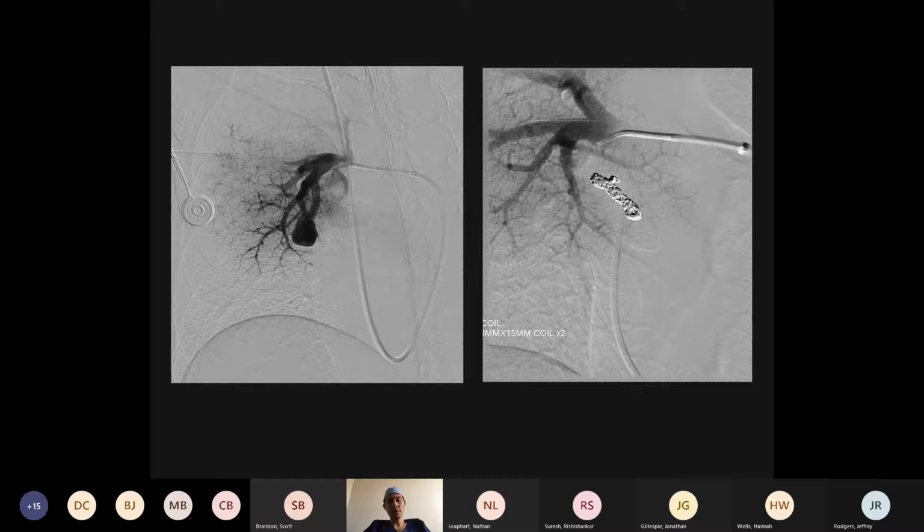All right, and this is the procedure. We came from the neck, accessed the IJ, and got into the right atrium, then the right ventricle, and then the pulmonary artery. From there we can see the sac of the aneurysm and the communication with the pulmonary vein.